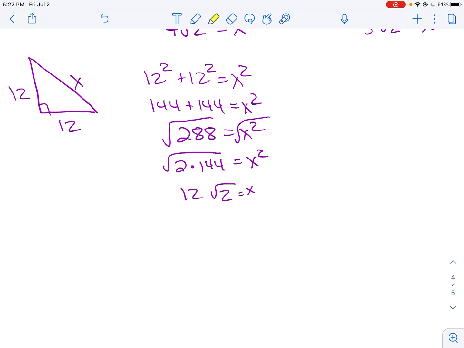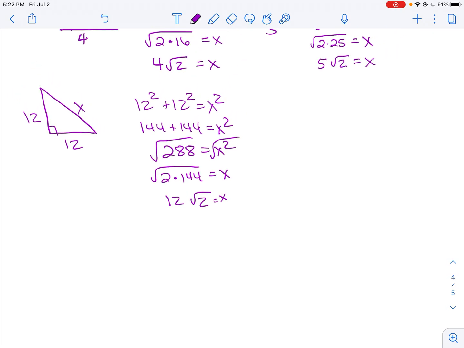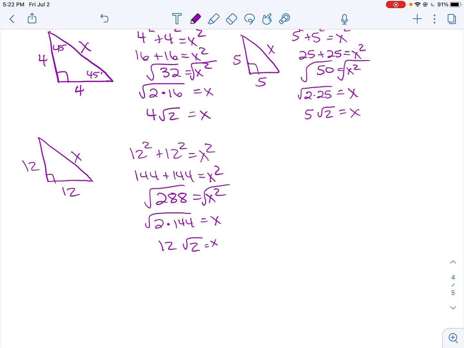Oh, I messed up. Oops, sorry. That shouldn't be there. Okay. Are we noticing a pattern yet? Other than I can't draw isosceles triangles.